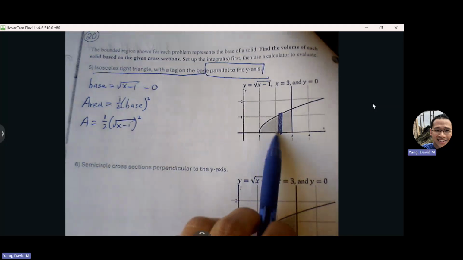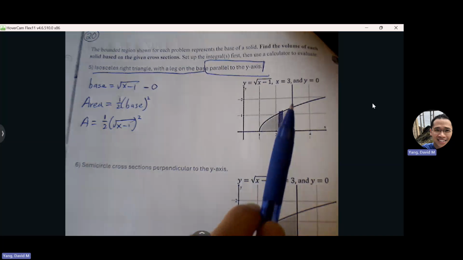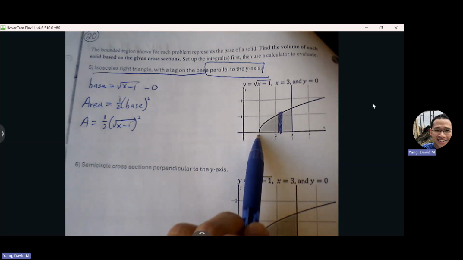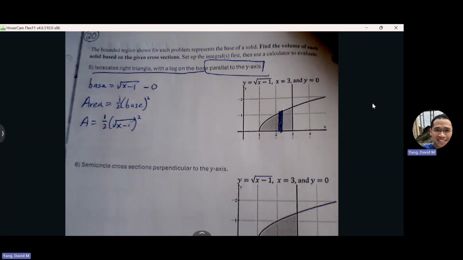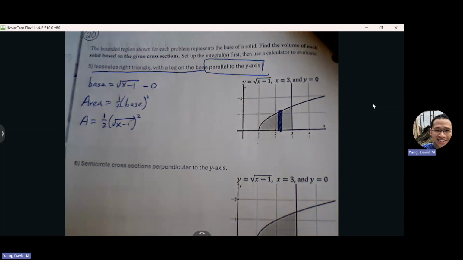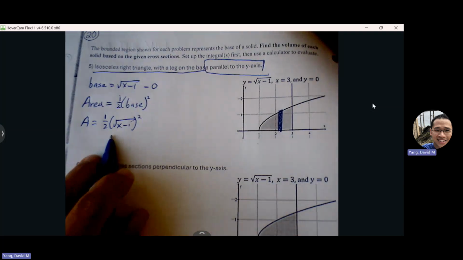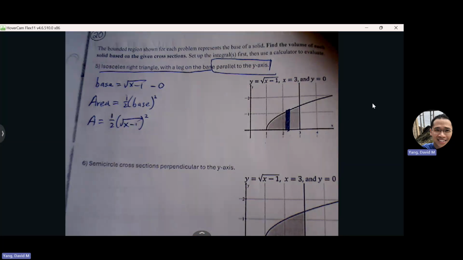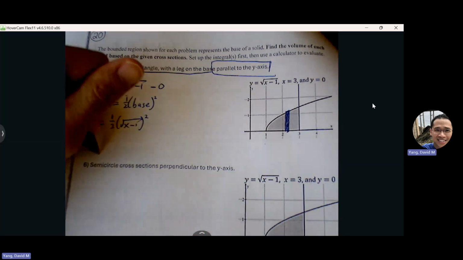Imagine these triangles coming out of the page, extending from as far left of the shaded region to as far right. As far left is 1, as far right is 3. To get to that third dimension, we put the integral notation around it.